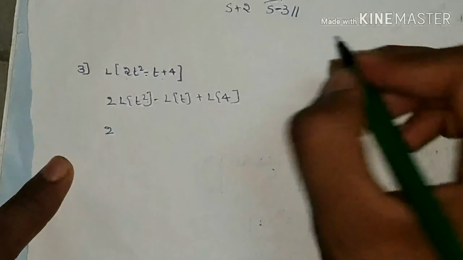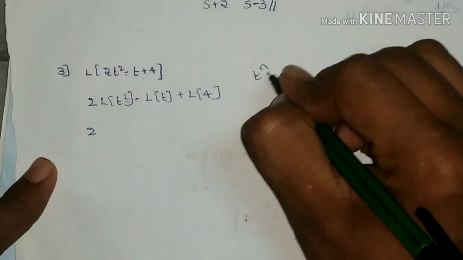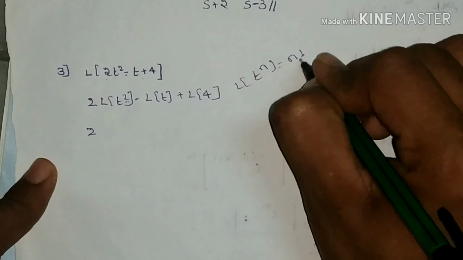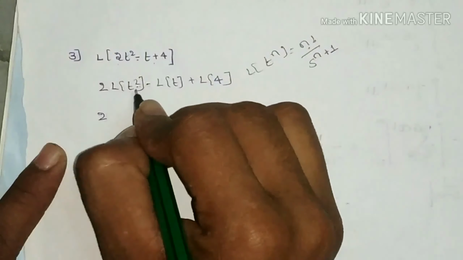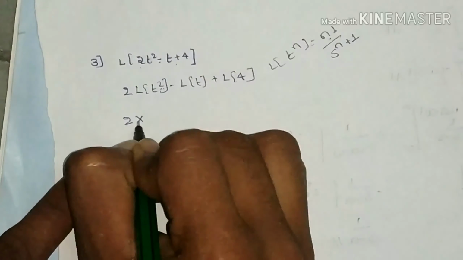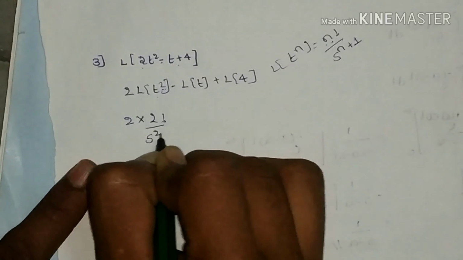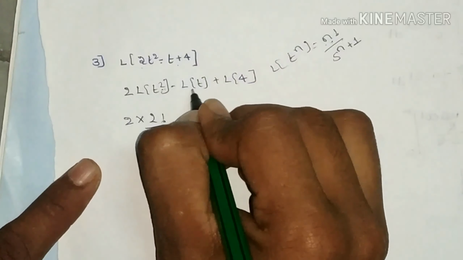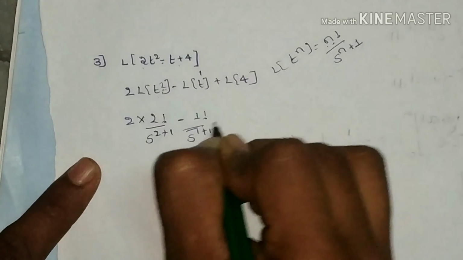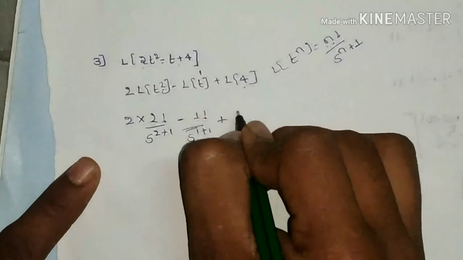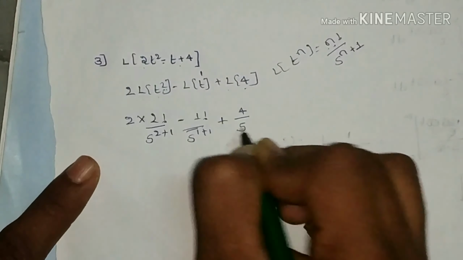Laplace of t square. In general, Laplace of t raised to n, where n is a positive integer, can be written as n factorial divided by s raised to n plus 1. In place of n, here 2 is there, therefore it can be written as 2 factorial divided by s raised to 2 plus 1, minus the same Laplace of t raised to 1, so 1 factorial divided by s raised to 1 plus 1, plus Laplace transform of a constant, which means 4 by s.